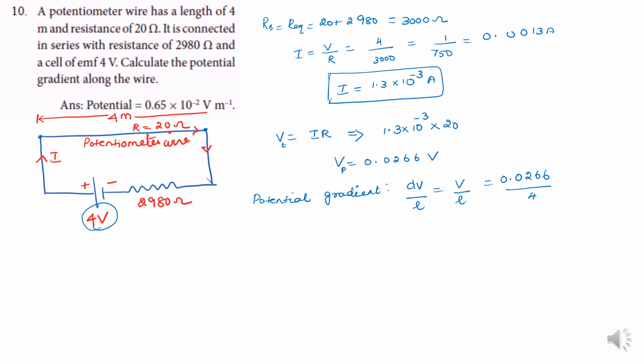So the potential gradient V by L is equal to 0.66 into 10 power minus 2. What is the unit? Volt per meter. That's it. Got it? Right.